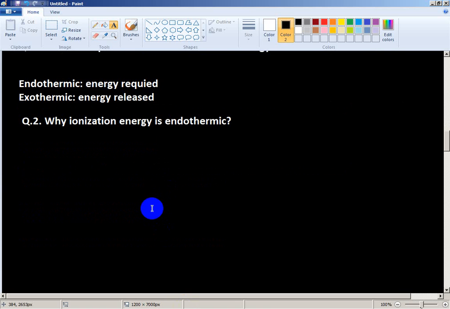Ionization energy depends on three factors: the nuclear positive charge of an atom, the orbital, electron repulsion, and the shielding effect.